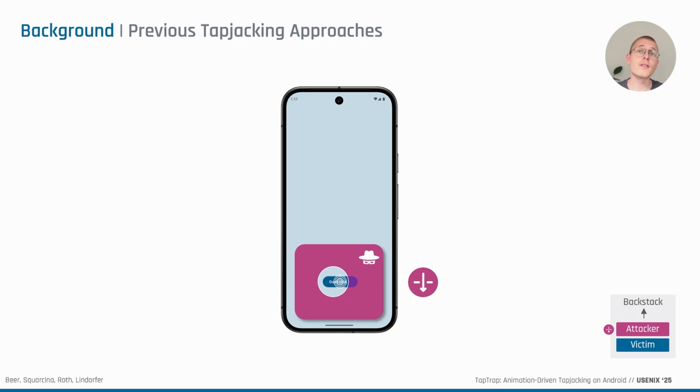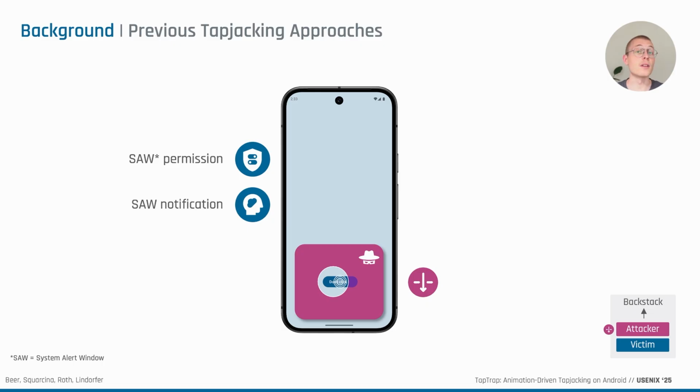Android has introduced several mitigations to tackle these types of attacks, such as, for example, the system alert window permission that an app needs to have to draw over other apps, notifications that are shown when this permission is in use, the possibility for apps to detect if an overlay is displayed and then to block touches, or default blocking of pass-through touches in most cases, which was introduced a few years ago.